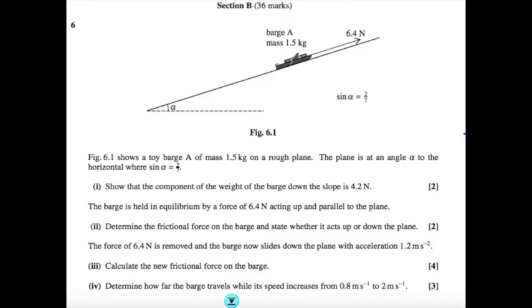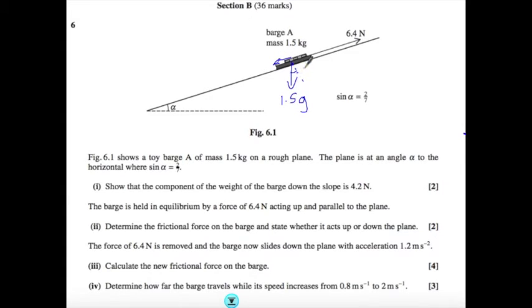So if you think about the weight of the barge, that's going to be 1.5 g acting downwards. We want to show that this component is 4.2, so we've got to resolve it.